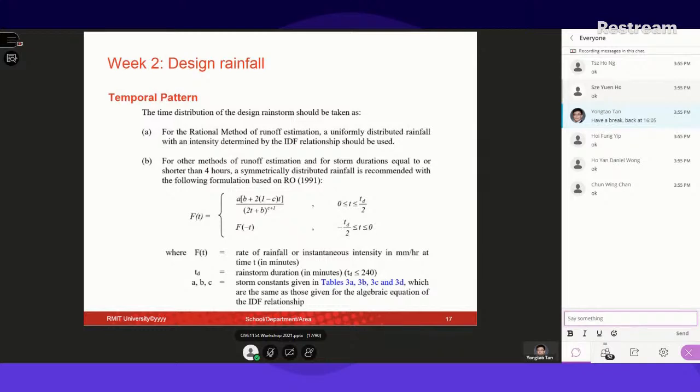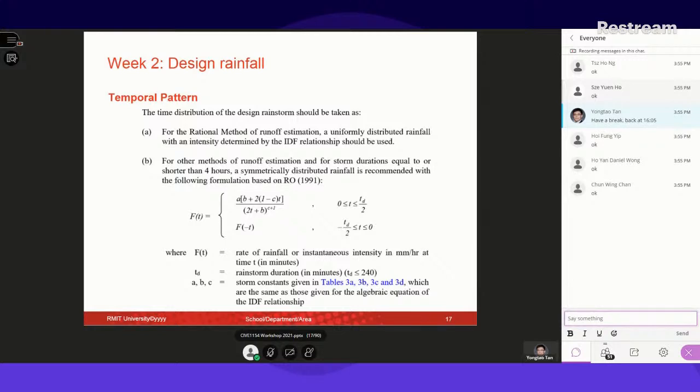This is showing the runoff estimation. This is also from the stormwater management manual from the DST. For the runoff estimation, normally we use the rational method. Later on we will talk about the rational method. For the rational method, a uniformly distributed rainfall with the intensity determined by the IDF curves should be used.